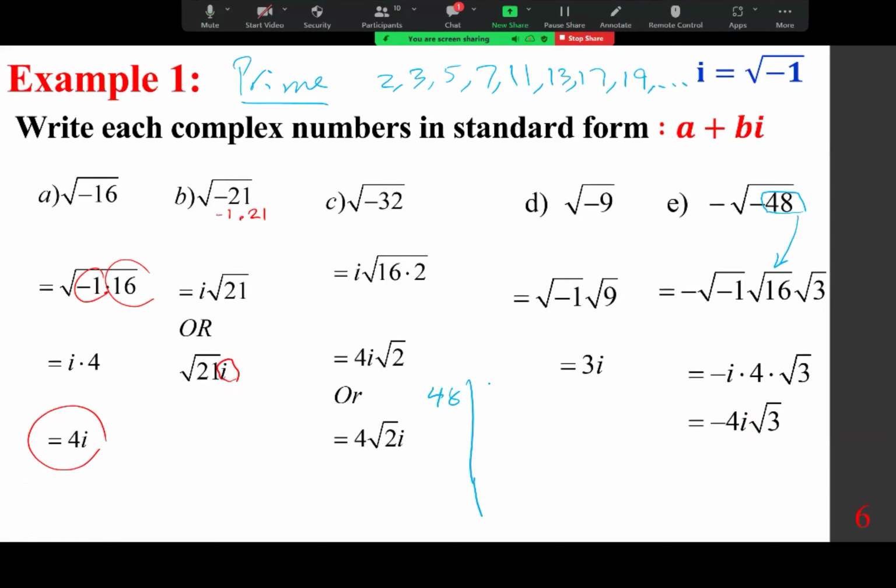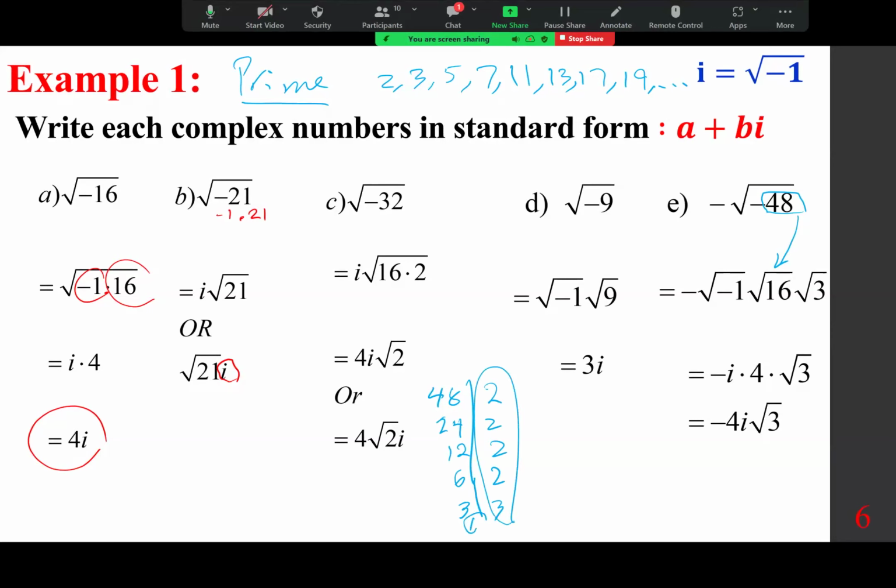So this is divisible by 2 because it ends up with 8. So 24, 2 again, 12, 2 again, 6, 2 again, 3. Now, when we get to 3, we can't divide it by 2 anymore. The next number is 3, and because we get 1, we are done.